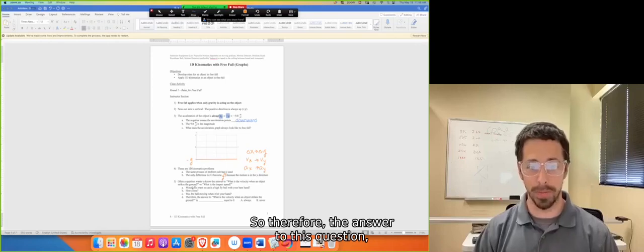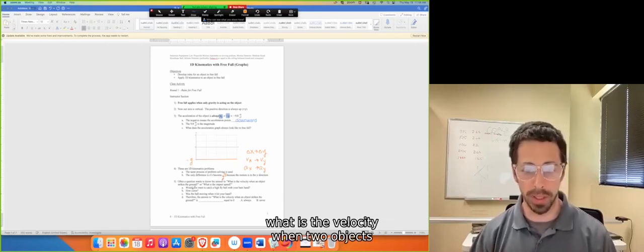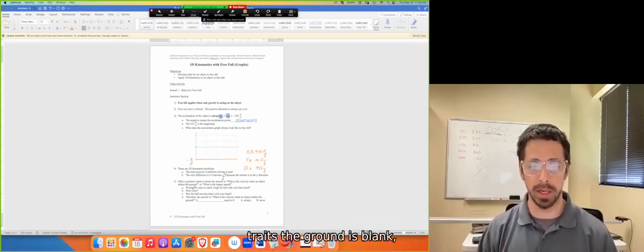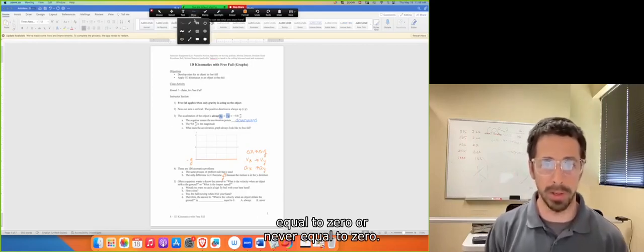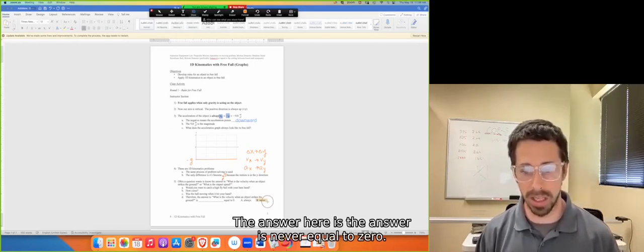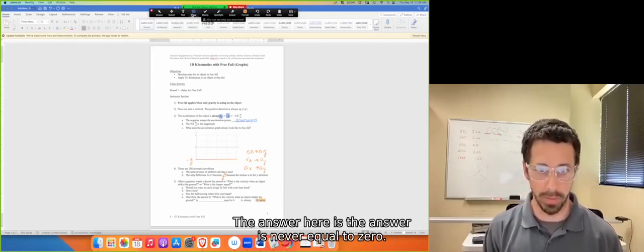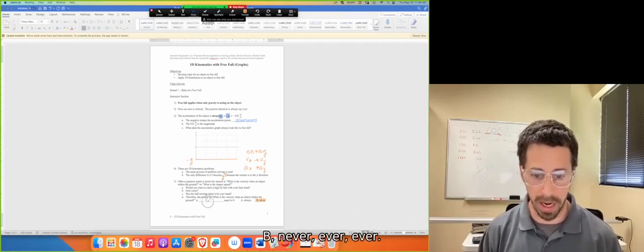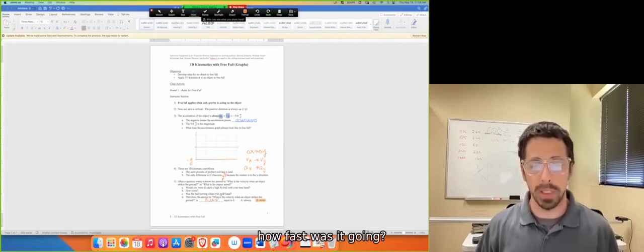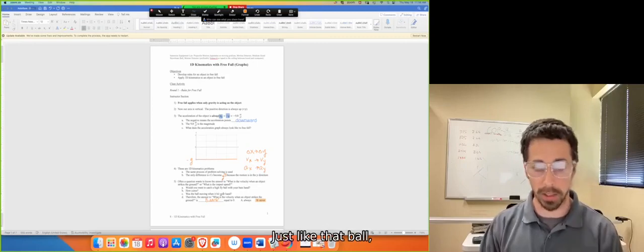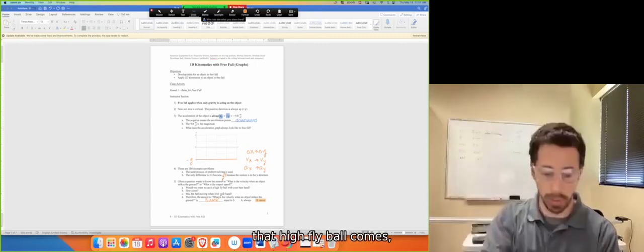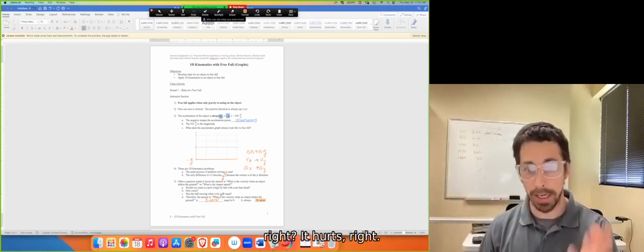So therefore, the answer to this question, what is the velocity when an object strikes the ground, is blank equal to 0. Is it always equal to 0 or never equal to 0? The answer here is never equal to 0. Never, ever, ever. When I'm asking how fast was it going when it hit the ground, just like that high fly ball, it hits your hand, it hurts.